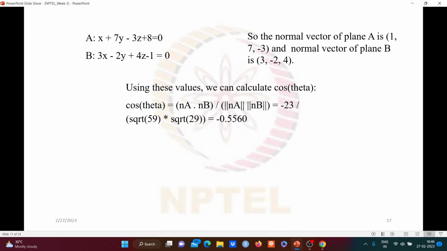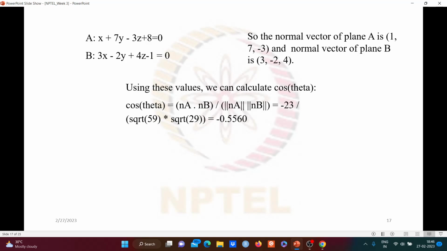Similarly, the formula for cos theta is the dot product divided by the product of the magnitudes of each vector. Magnitude is nothing but the square root of the sum of the squares of each vector value. When you consider the first vector, we have 1, 7 and minus 3.